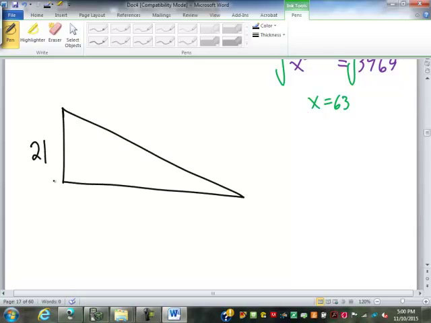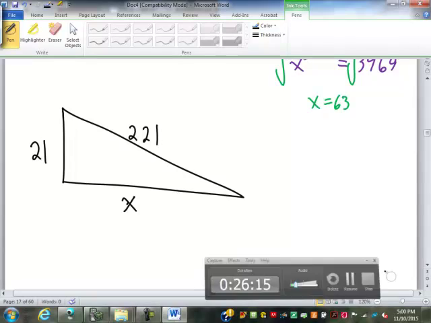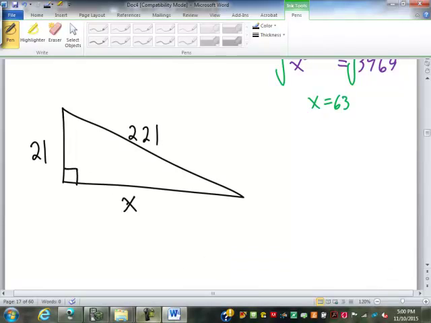Let's say this is 21 units. This here we're going to call 221 units. Find x. Yes, I do have to include that there's a right angle right there. Good call.